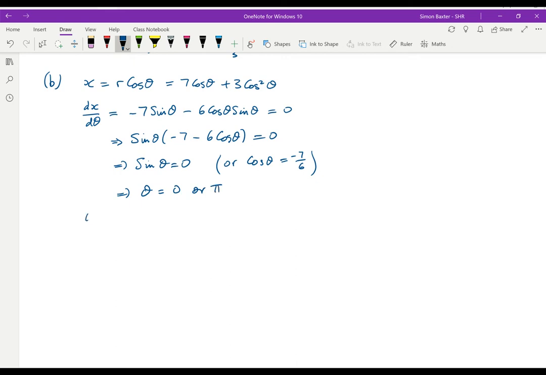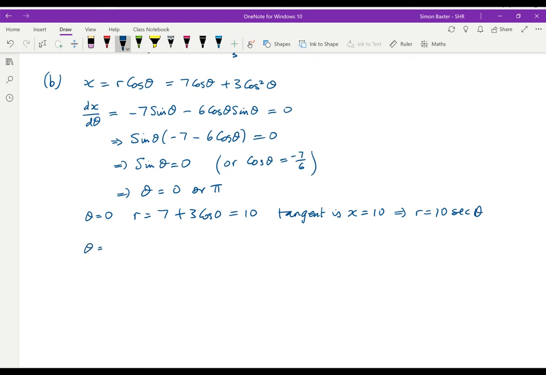So when theta is 0, we get r equals 7 plus 3 cos 0, which is 10. The tangent, therefore, is x equals 10, which is r equals 10 sec theta.